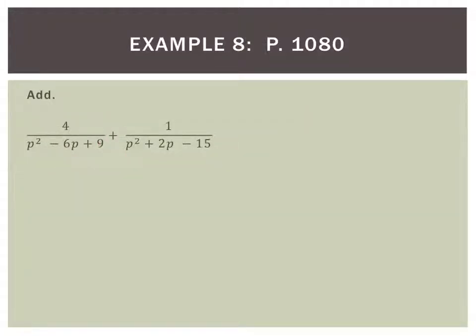Alright, and our last example, example 8. Again, I'm going to factor the denominators. Alright, so I have p minus 3 squared, and then p minus 3 times p plus 5.